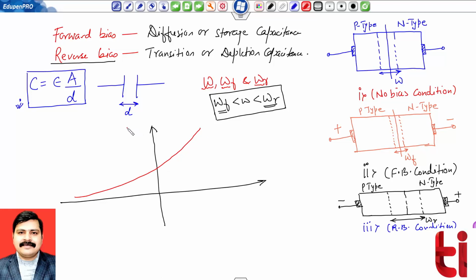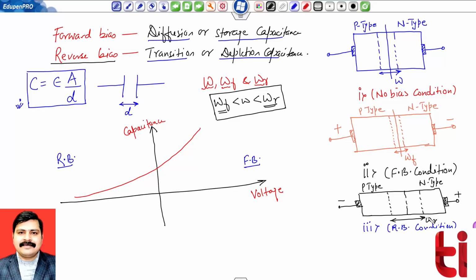Here I have capacitance on this scale and voltage on the other. For the diode you can just remember this is reverse bias for the negative voltage side, and this is my forward bias case for the positive voltage side. As I mentioned, diffusion capacitance and storage capacitance will be part of forward bias. Transition capacitance, depletion capacitance will be part of reverse bias. Now, what the analogy is, you can check from here, from the third category.